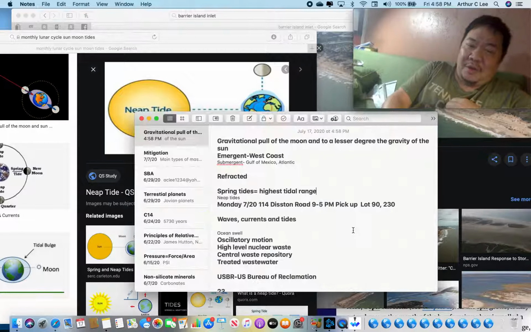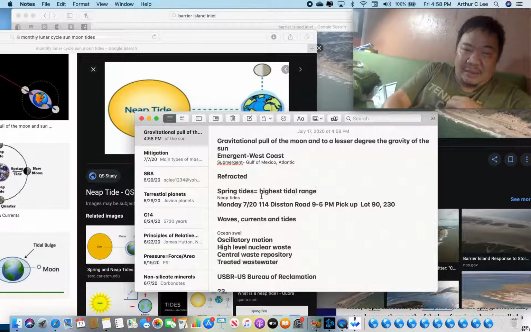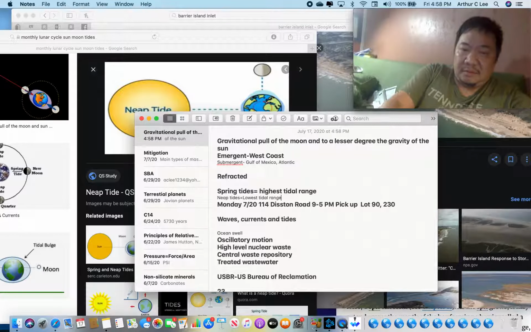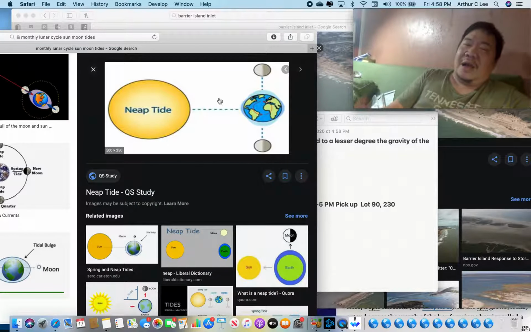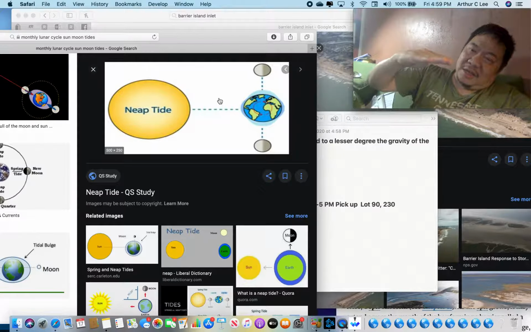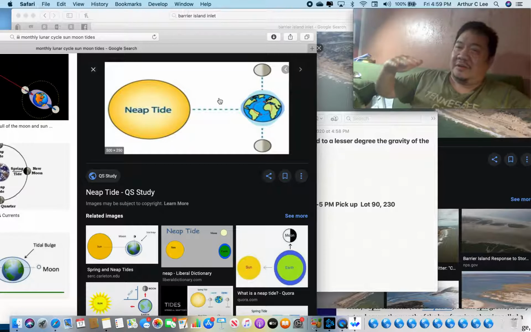When that happens, you have your neap tides, which are your lowest tidal range of the month. In other words, you have your lowest high tides and your highest low tides of the month. The ocean's not going to come in as much, and it's not going to go out as much when you have a first or a last quarter moon.